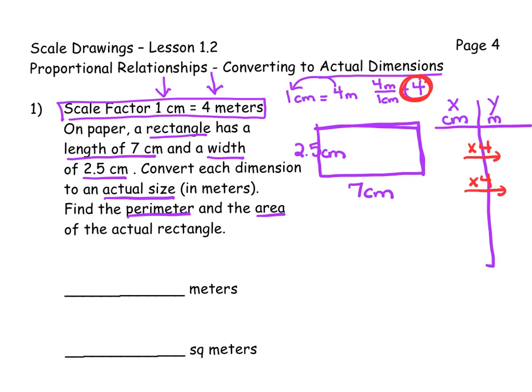When we go backwards, we will be dividing. We're going to take 7 times 4 and 2.5 times 4. Pause the video, take a moment and set up the table and complete your notes, and multiply each of those.